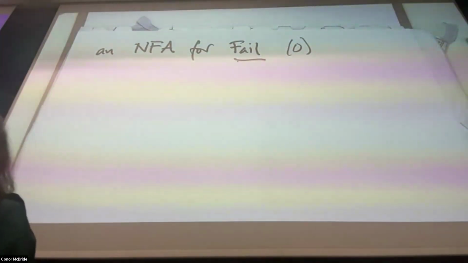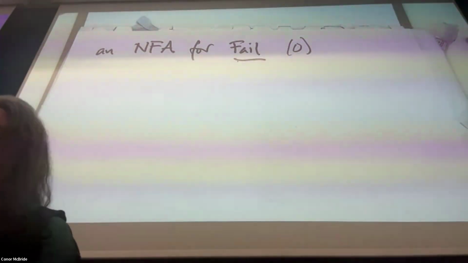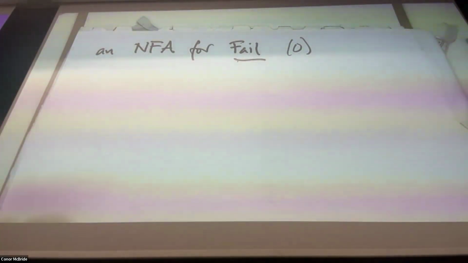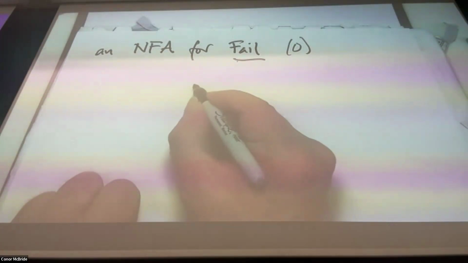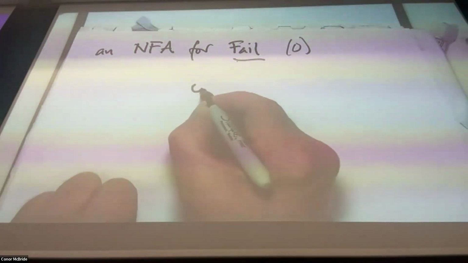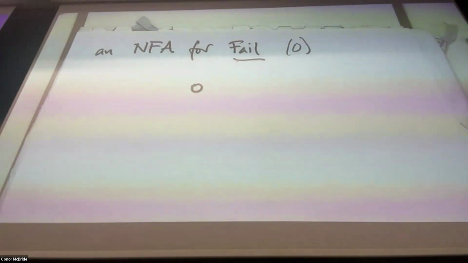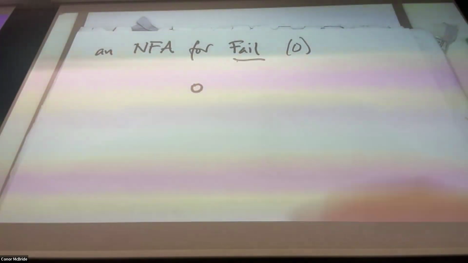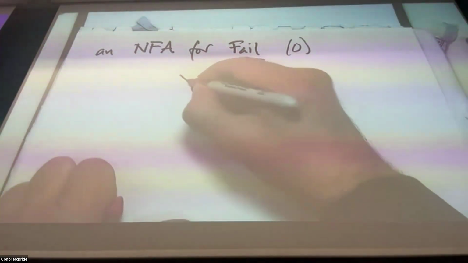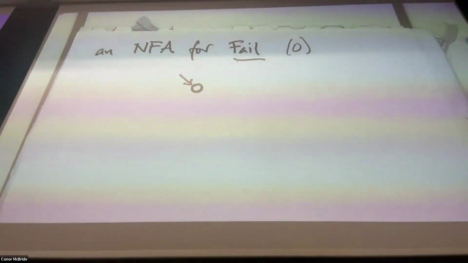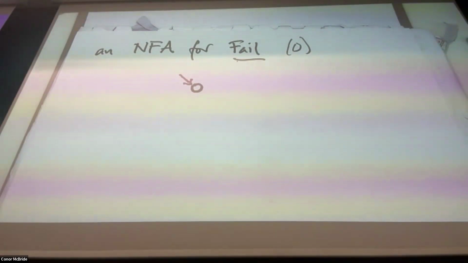So, fail or zero, as it's sometimes known. Right. There has to be a start state, but it's not acceptable.